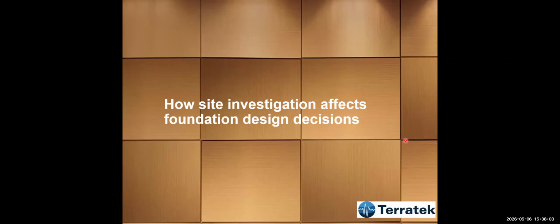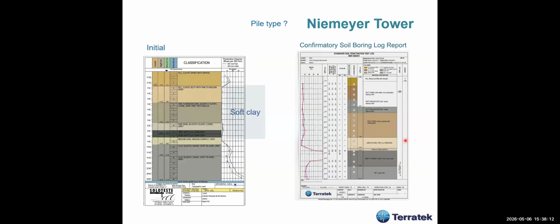And now we're going to discuss how site investigation affects the foundation design decision. Okay, this is one of the projects I've been involved in. It's a big tower, some 40 stories, and one of the things that happened was this was the initial borehole that I received, and this showed soft clay here, and we carried out some design based on this.